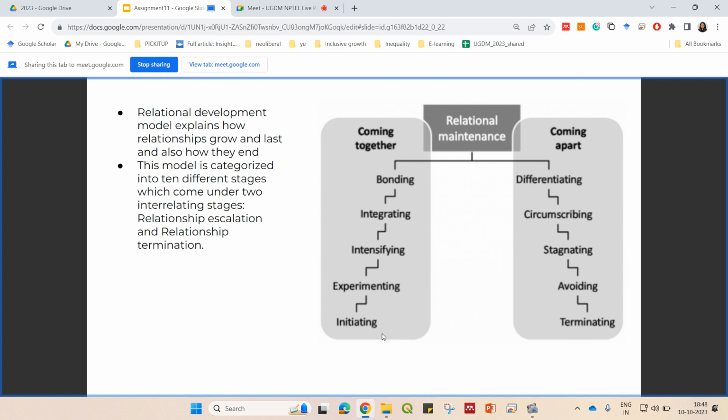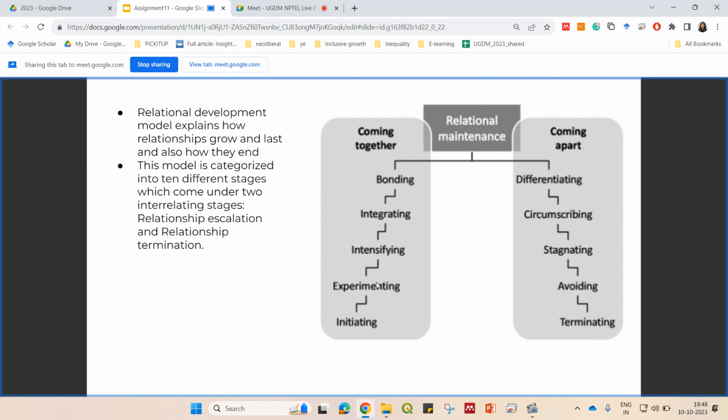So for example, you meet someone, or an organization meets with different members or people, and they initiate some kind of relationship. So you initiate some kind of friendship with someone, you go meet someone, you initiate friendship with them. An organization meets with several actors and initiates a relationship with them.